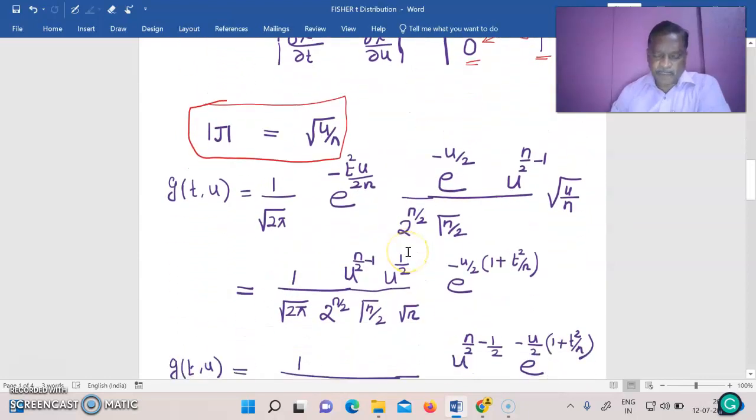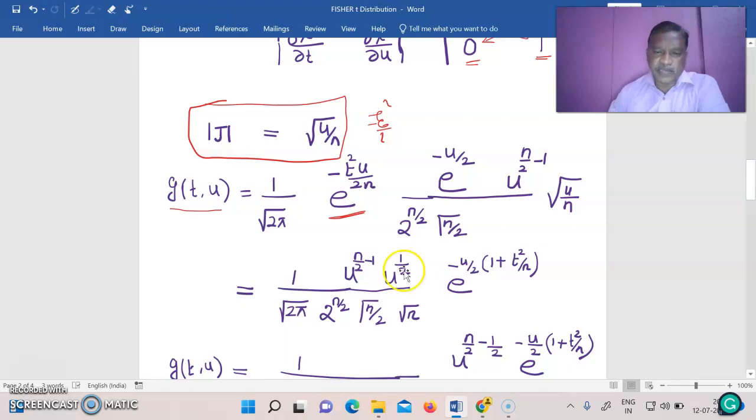So we get the joint density function of t and u equal to 1 divided by square root of 2π, into e power minus ψ square by 2, which was already in the previous step. Minus ψ square by 2 is nothing but minus t square by 2 into u by n, since we have substituted the ψ value in terms of the new random variable.